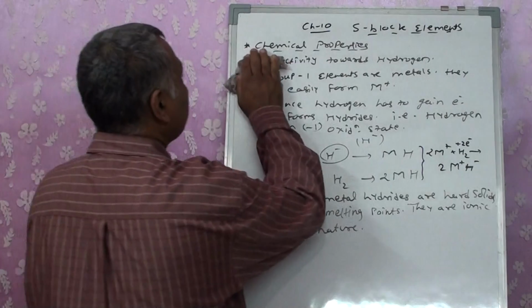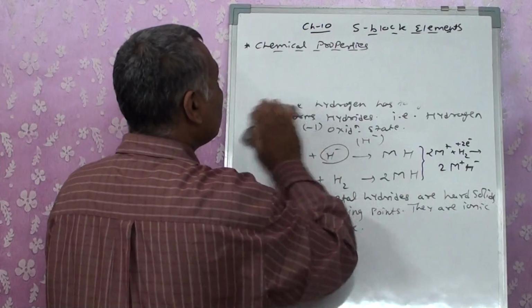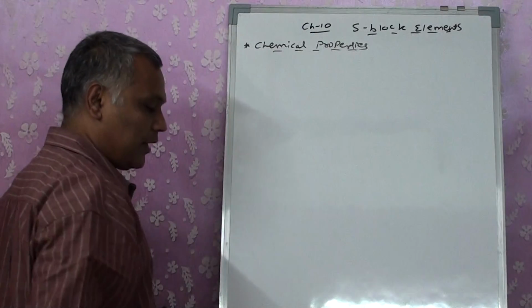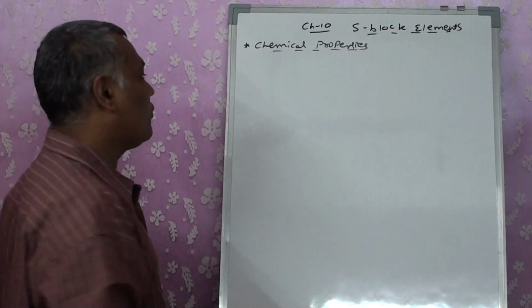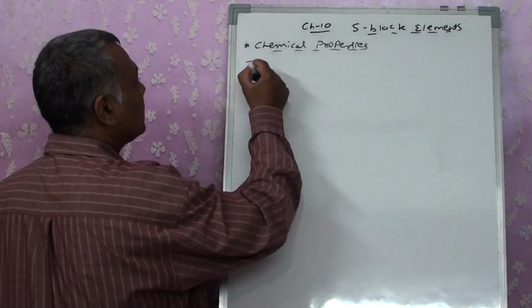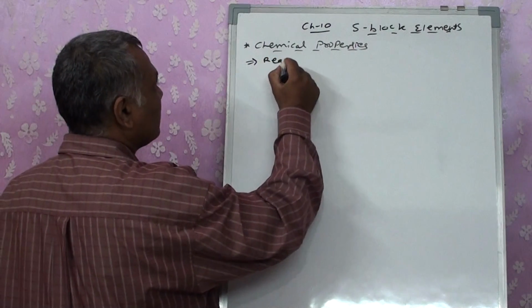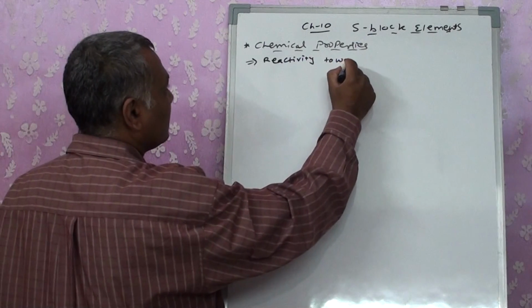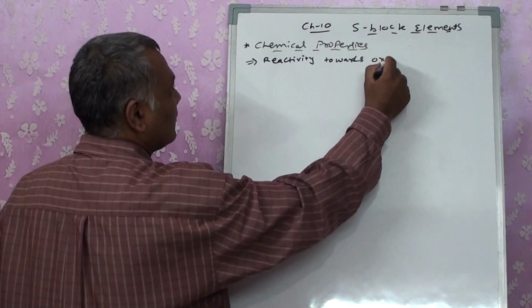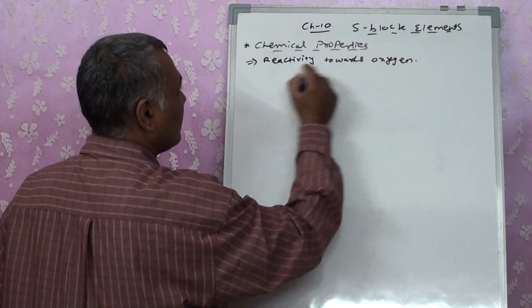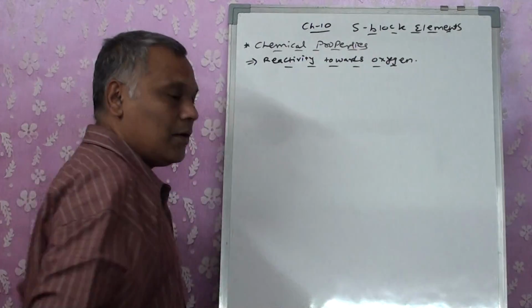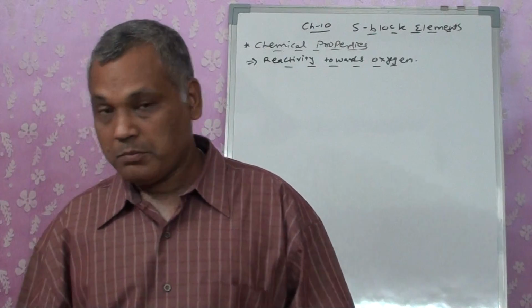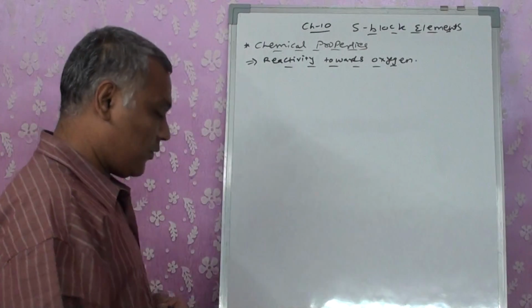Okay, next, reactivity towards oxygen, right? We got the one with hydrogen. Next we will study the reactivity towards oxygen. Again, all these metals are going to react with oxygen to form metal oxides. But what is specific about this?